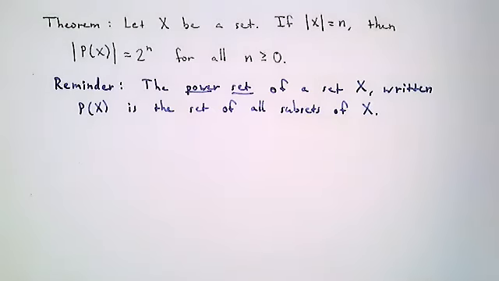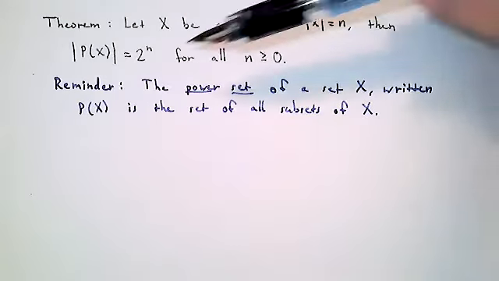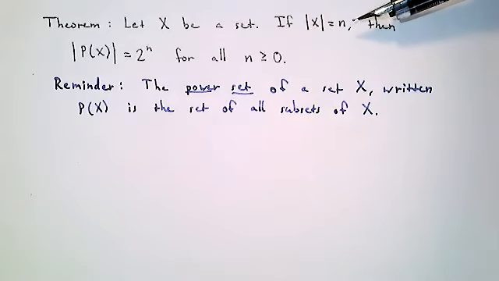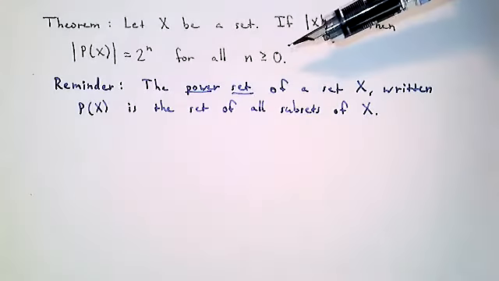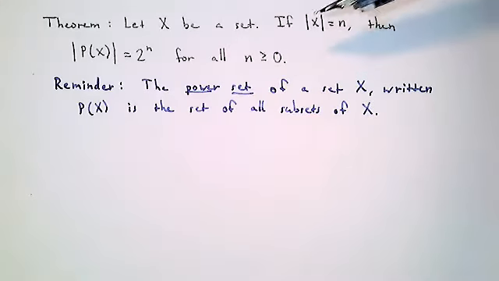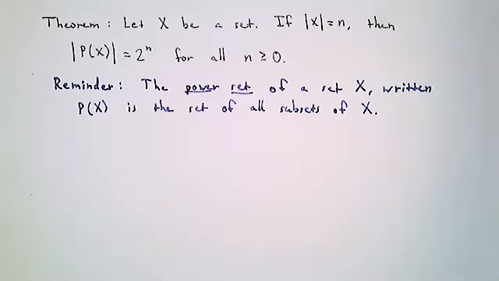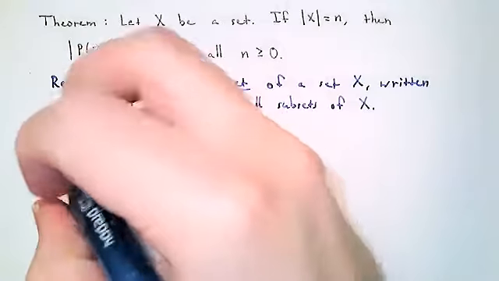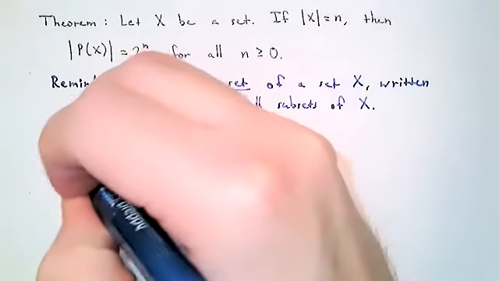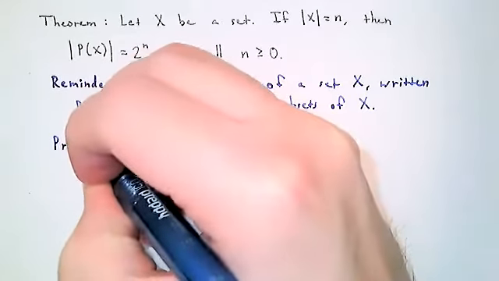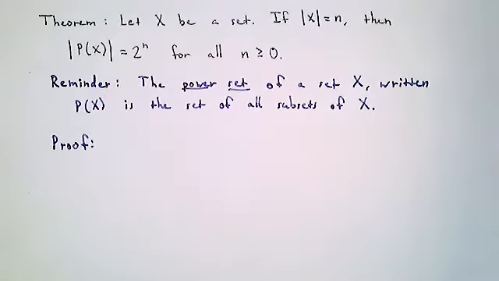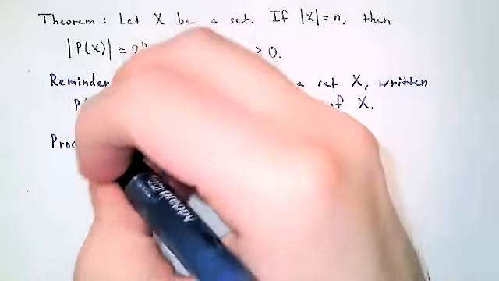And for this proof, since we're trying to prove that our formula works for any number greater than or equal to 0, we're going to need to use mathematical induction because it has to work an infinite number of times for any number. So let's start setting up our proof by writing what we're doing and then get started on the base case.